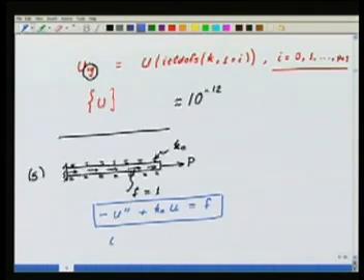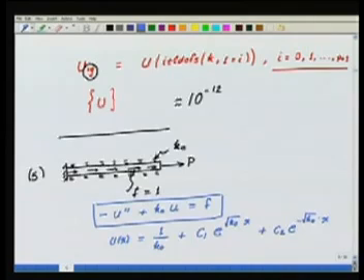Okay. So, in this case, u of x will turn out to be a particular solution plus C1 e to the power of root K naught x plus C2 e to the power of minus root K naught x. So, let us say we choose K naught equal to 10.